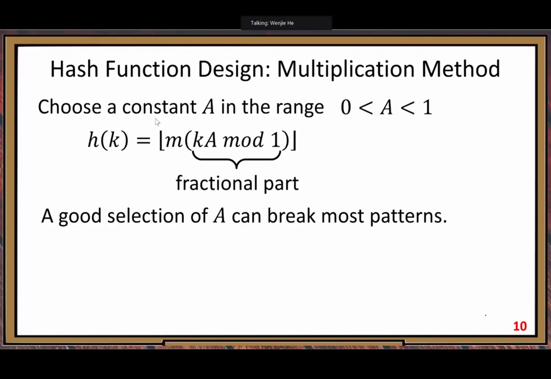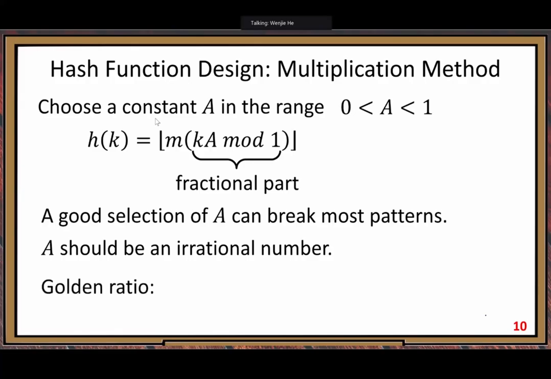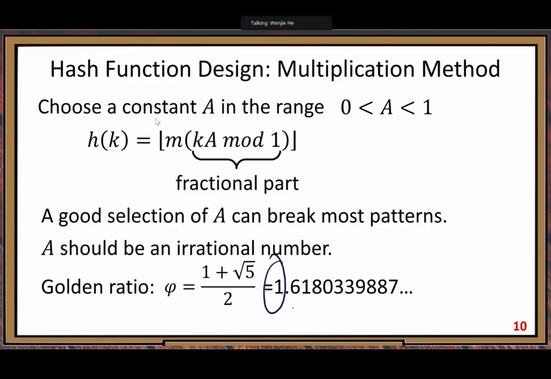So a good selection of capital A can break most patterns. Because you can select A to be an irrational number. The golden ratio, for example, but you throw away the integer part, because you only keep the part between 0 and 1.